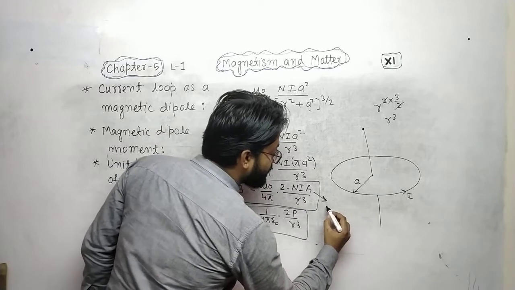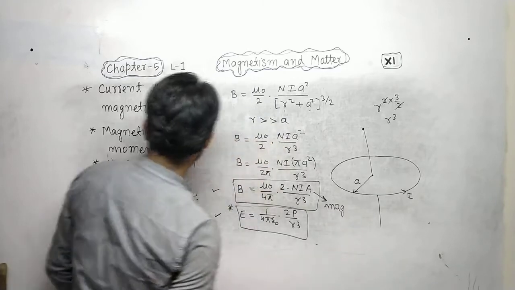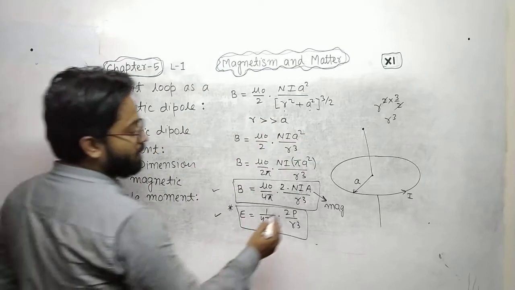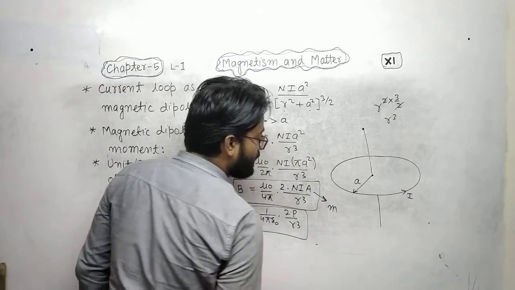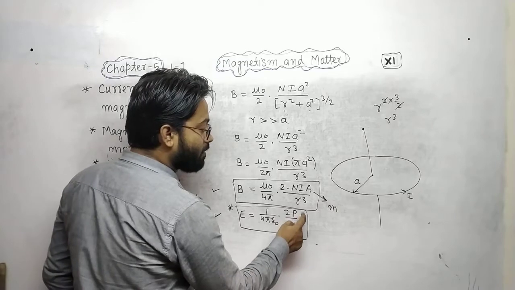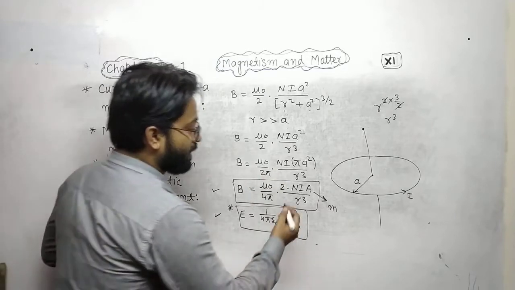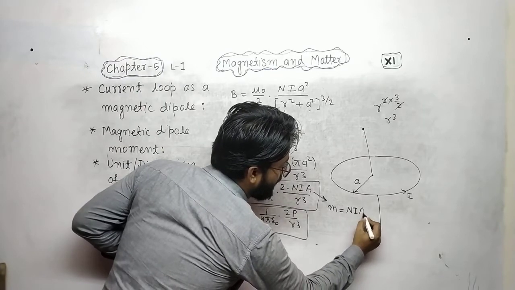It will be the magnetic moment, the magnetic dipole moment. It is denoted by small m. This is the magnetic dipole moment, and this is the electric dipole moment. We can write here m is equal to NIA.